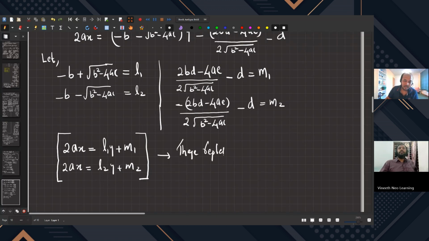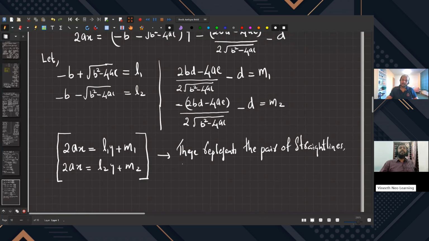These represent the pair of straight lines passing through their point of intersection.